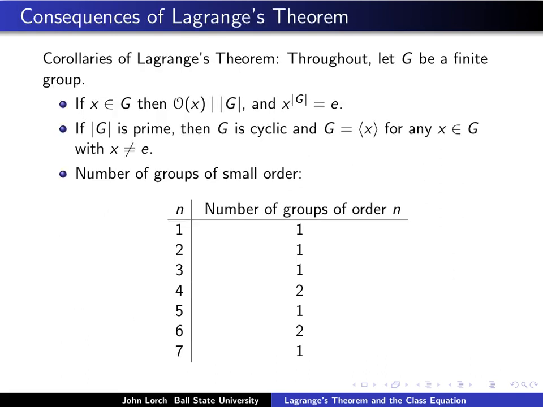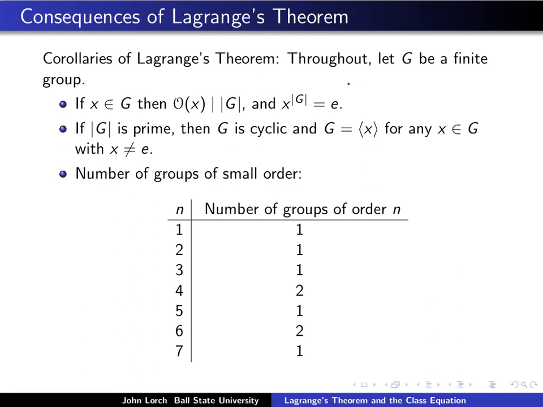Let's now look at a few consequences of Lagrange's theorem. Throughout this discussion, our group G is going to be a finite group. The first result says that if you start with an element in this group, then the order of that element must divide the order of G. And further, if you take x and raise it to the size of G, the result will be the identity.